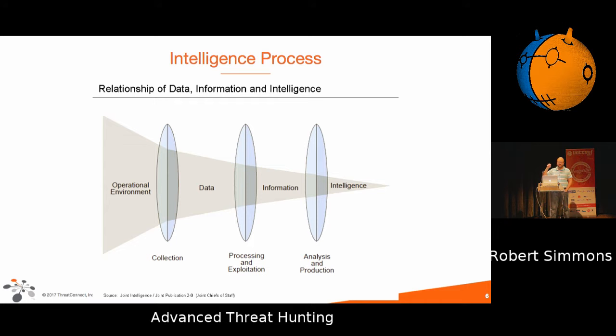So you have lots of information out in the operational environment, and then you collect some amount of it, and then you have the data that you've collected. You have another lens that you process and exploit that information, that data down to information. And then you have analysts that look at the data and analyze it and produce intelligence from that information.